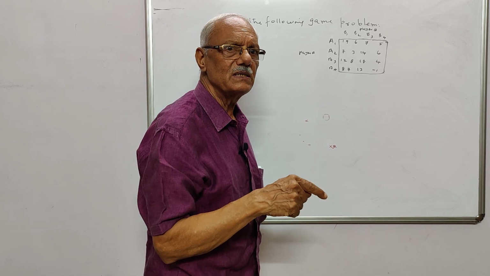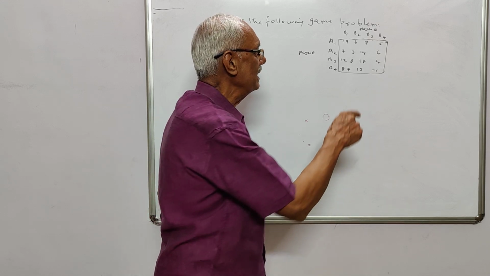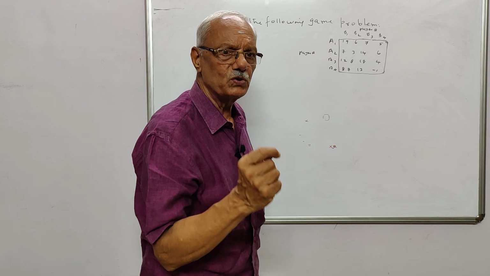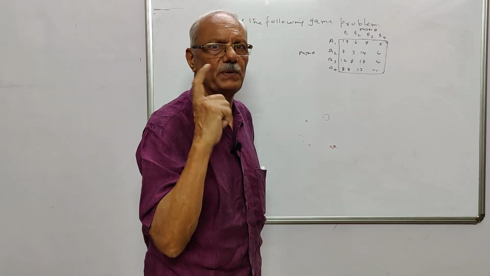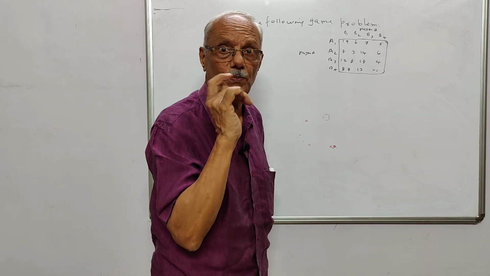That -1 implies that it is a gain for B. So if it is a positive number, it is a gain for A. If it is a negative, it is a gain for B. And we always keep ourselves at A and do the problem.